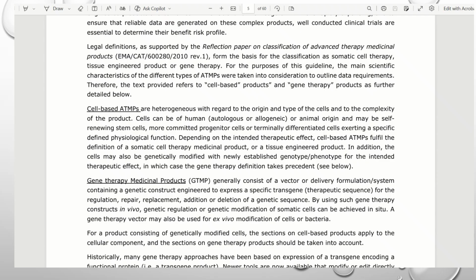More committed progenitor cells or terminally differentiated cells exerting a specific defined physiological function. So this is where we are.